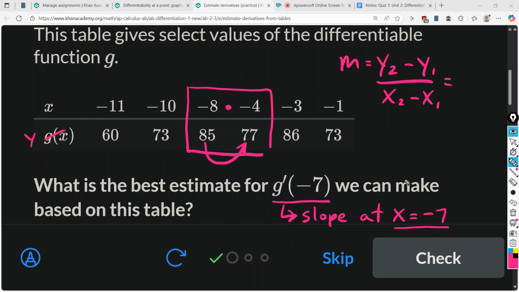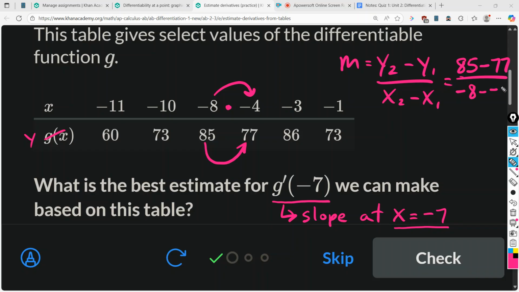Okay, remember that's your y coordinates right there. So 85 minus 77 in the numerator. Denominator, subtract in the same direction. -8 minus -4. Okay, -8 minus -4. Just watch your plus minus signs.